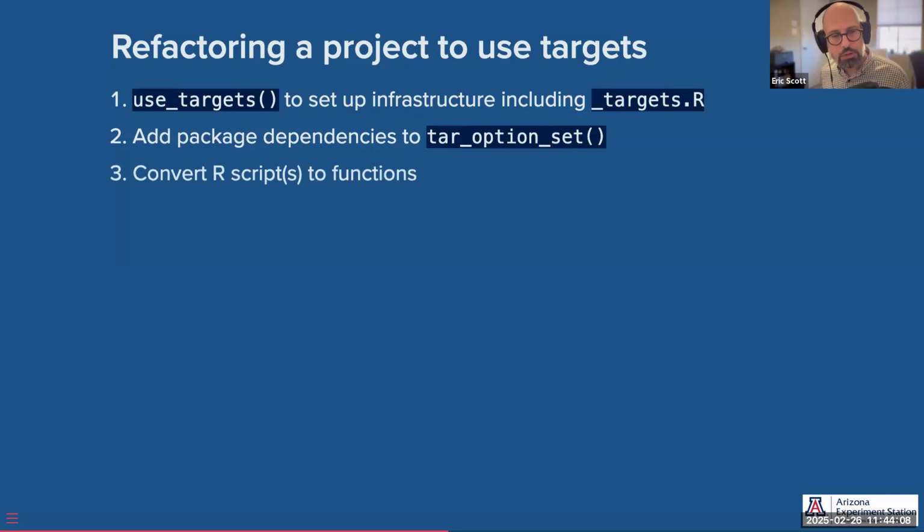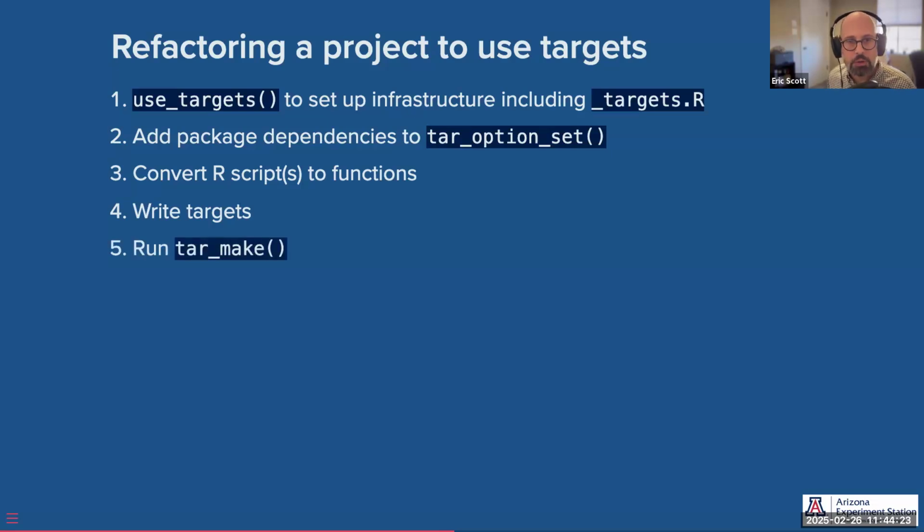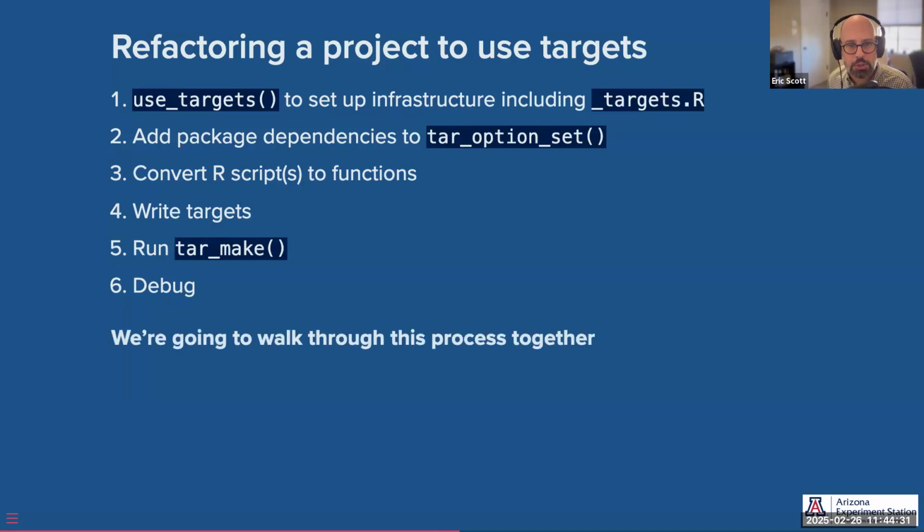We're going to convert those R scripts bit by bit into functions, and we'll talk about how to do that. Then we're going to add steps to our workflow with the tar_target function. We're going to run our pipeline with tar_make and possibly run into errors and debug things. So that's the process, and we're going to walk through it together step by step.